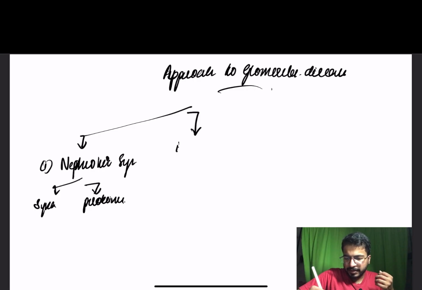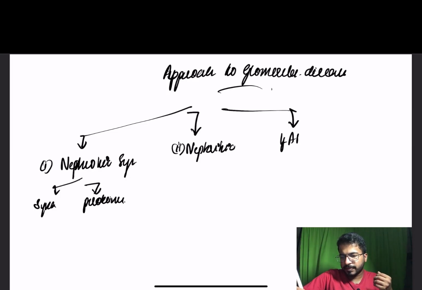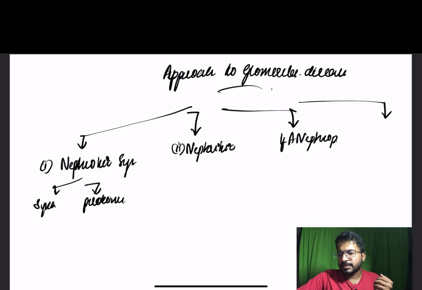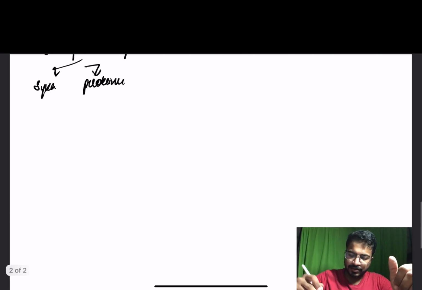Then we will be discussing nephritic syndrome. Then IgA nephropathy, not actually a case scenario, just a simple case scenario. Then we will be discussing RPGN. Okay, so this is how we will be approaching the pathology per se.